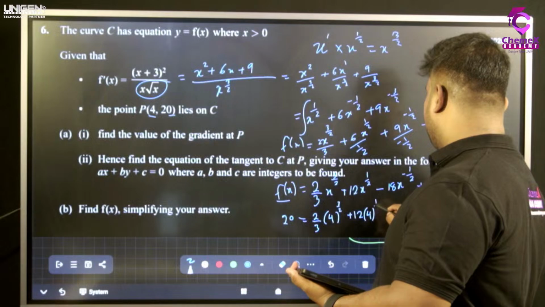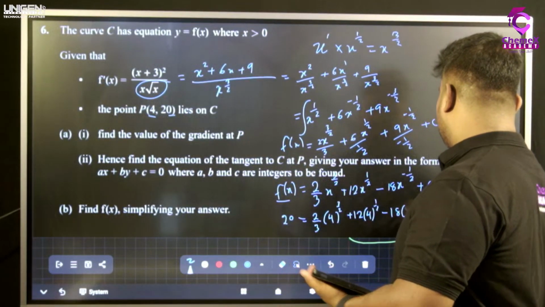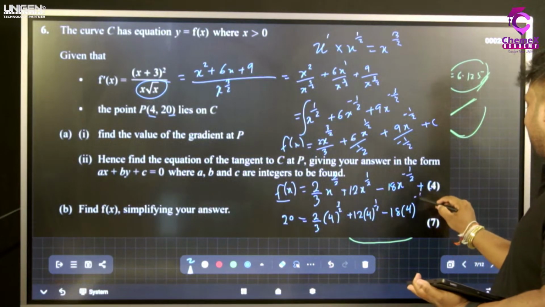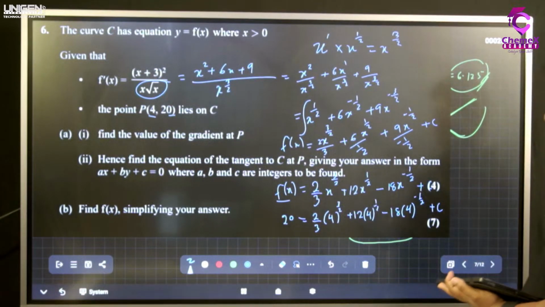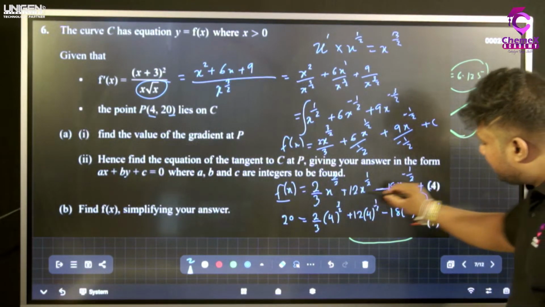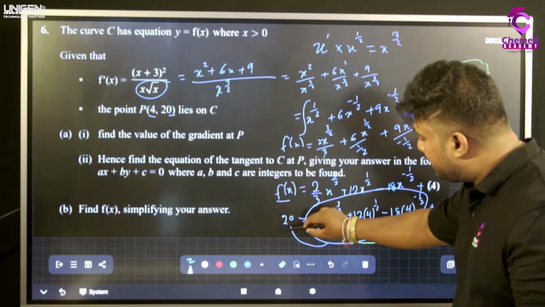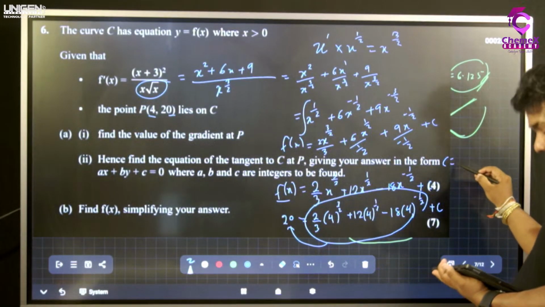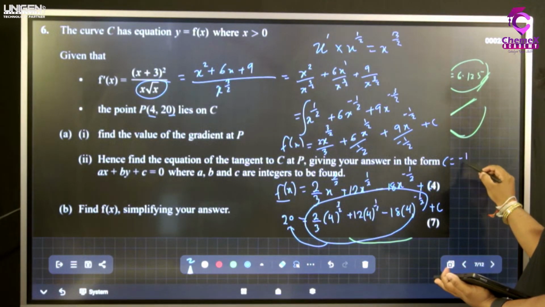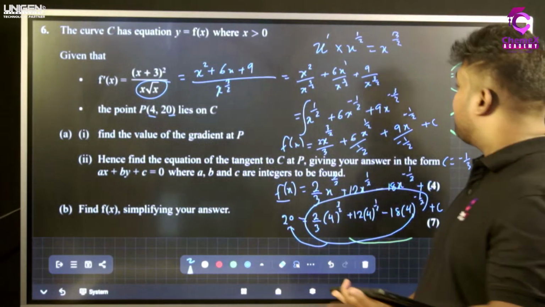You all did try, right? How many of you tried this question? So get the whole answer of this bunch and subtract it from 20. So c equals what? Minus 1 over 3. But that's not the answer.